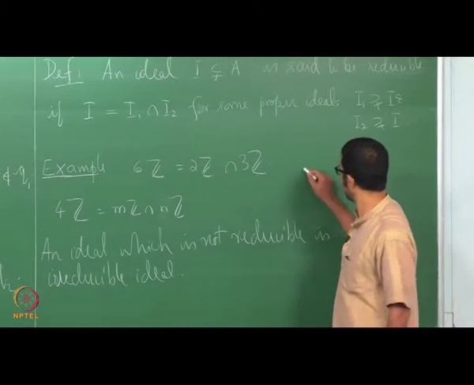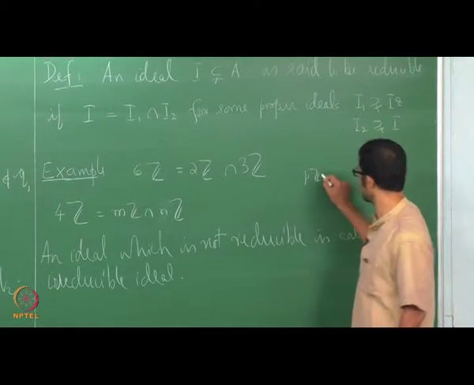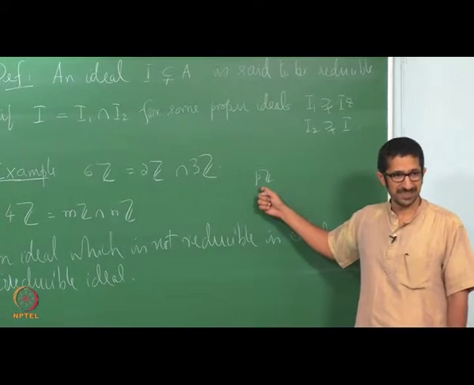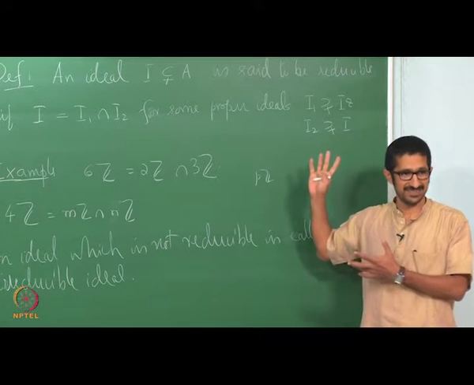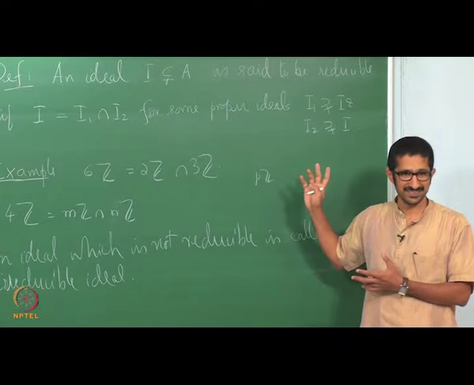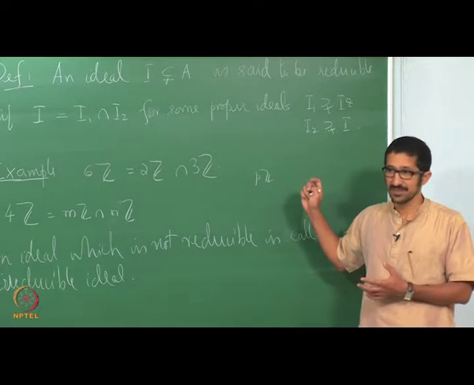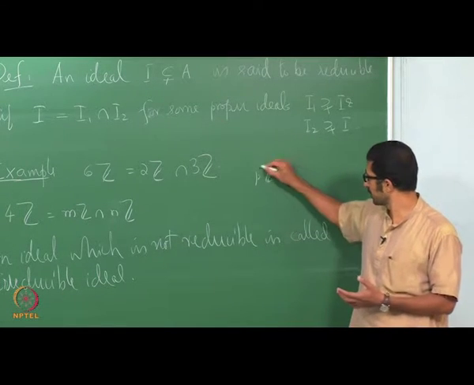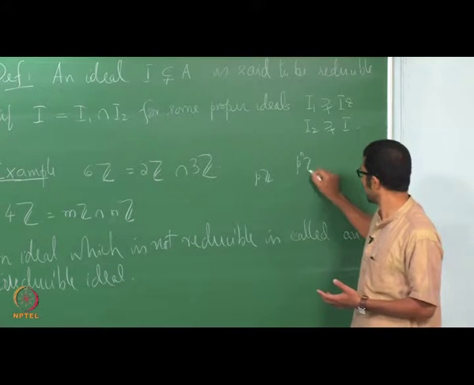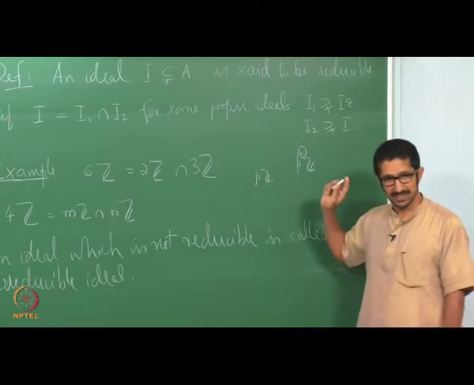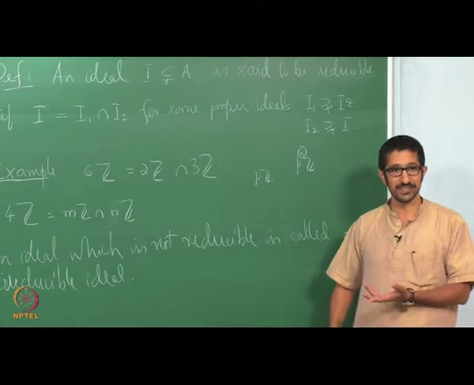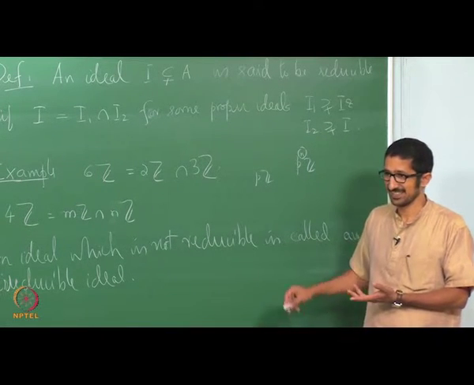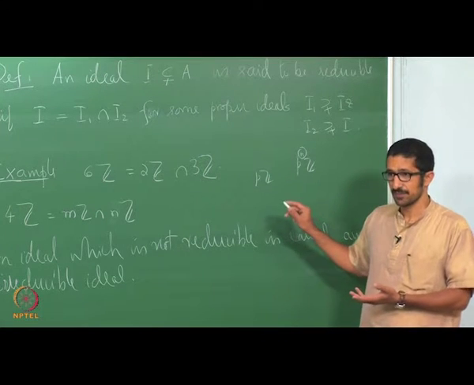How about p itself, pZ? This is irreducible, right, because this is maximal. So, if p^n Z, if n is equal to 1, even then it is irreducible, right. If a number contains a product of two different primes, then it is reducible.